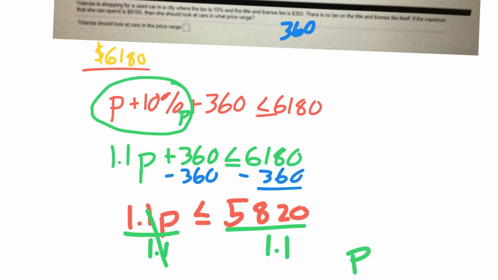So that tells me p is less than or equal to $5,290.91. What's our rounding?